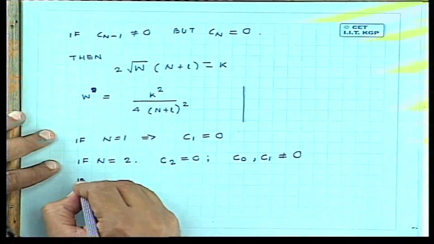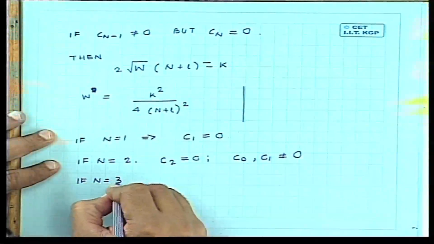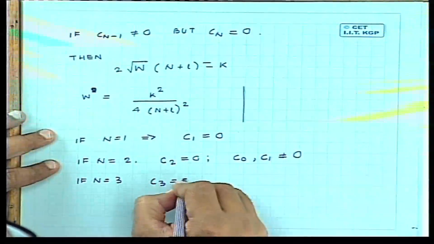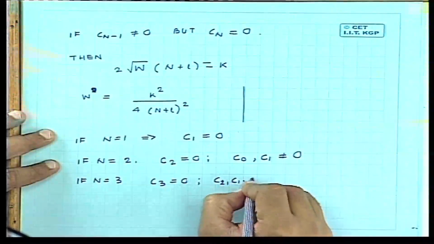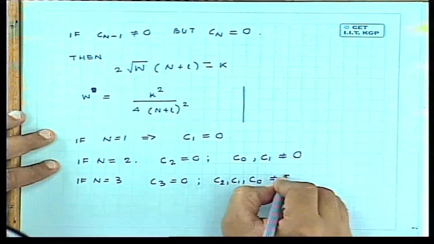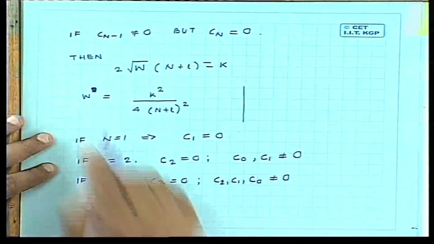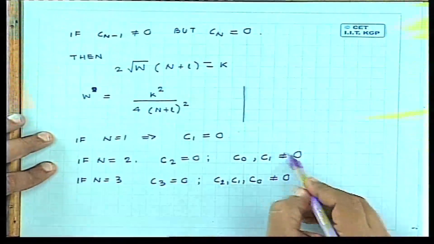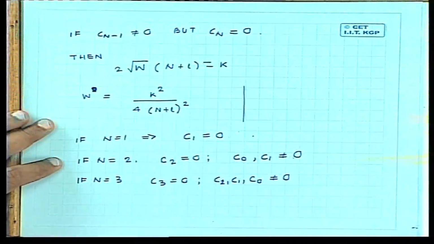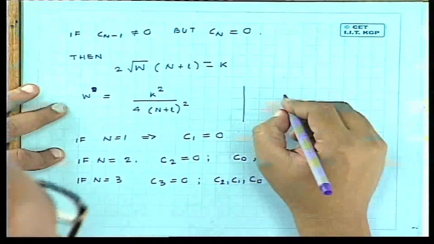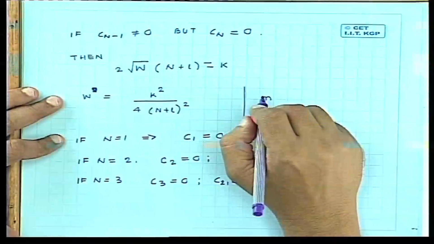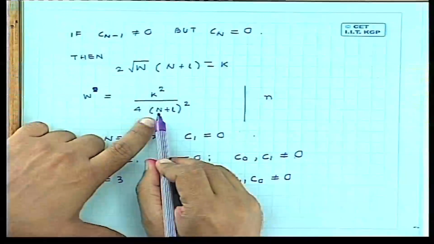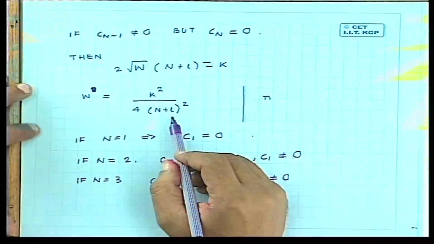Similarly, if n equal to 3, then we will have C3 equal to 0, C2, C1 and C0 will not be equal to 0, so it is going to be a quadratic polynomial. So U will then be a quadratic, linear and just a constant here. Okay, so we define another integer. So capital N is an integer, L obviously can only be an integer.